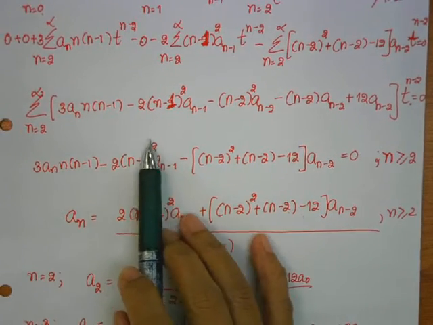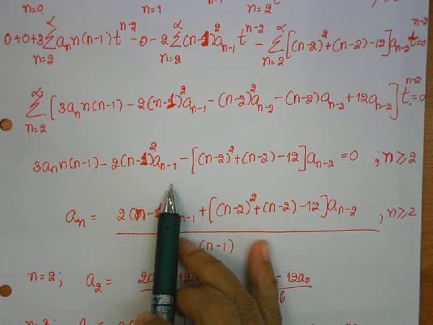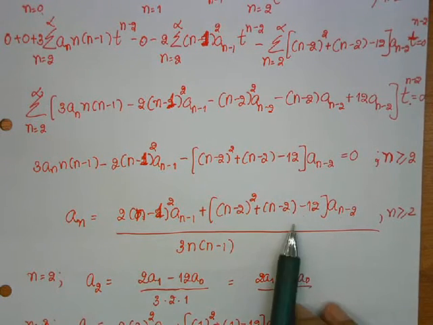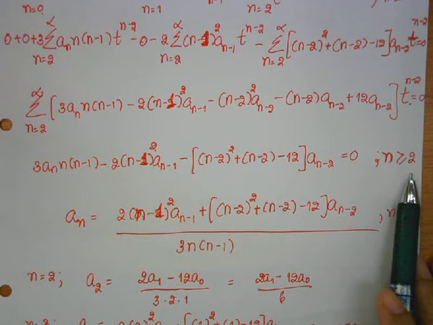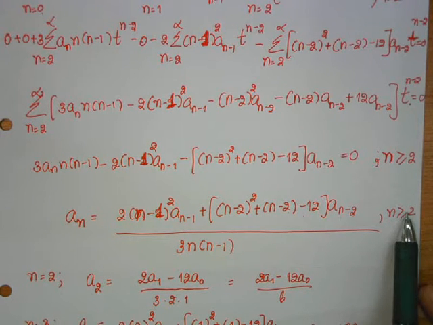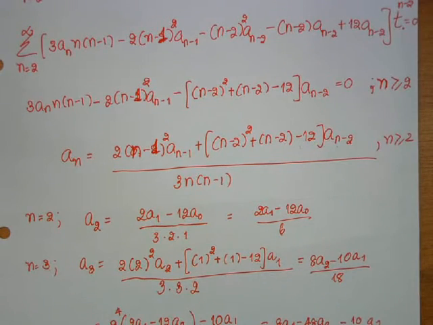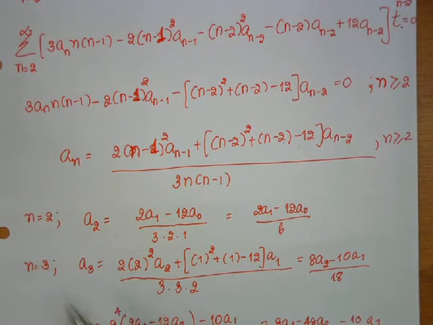the relationship between an and some other n. But this relationship starts from n greater or equal to 2. And then we just assume the number. Put n equal to 2 in order to find the root of it. Like I said, when you plug n equal to 2, you get the value of a2. a2 is a function of a1 and a0.